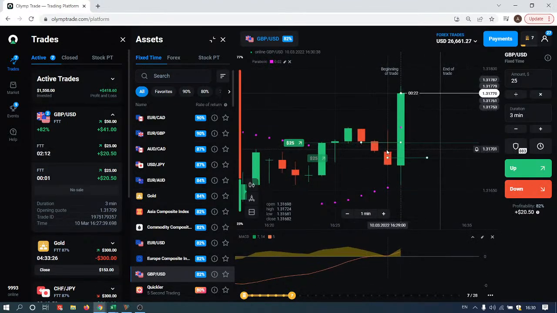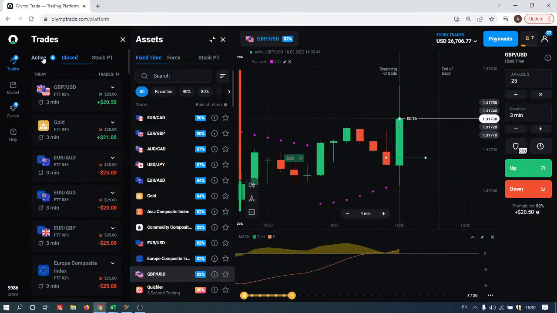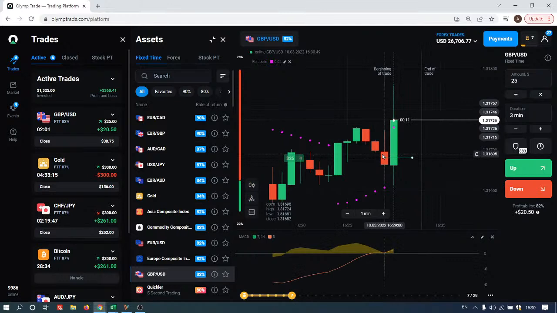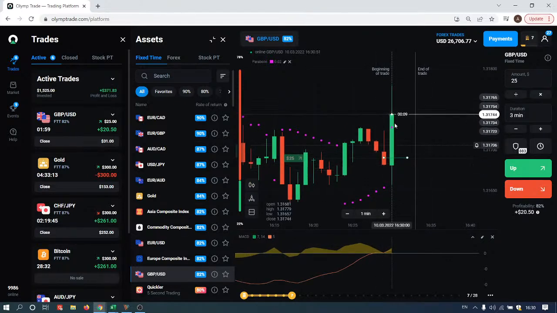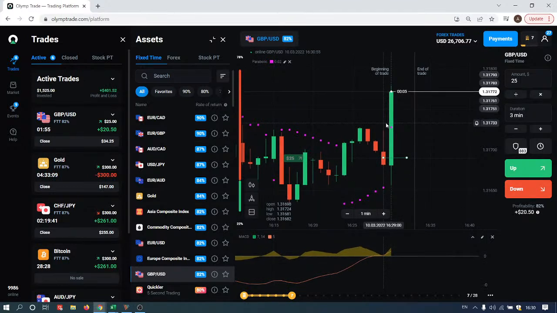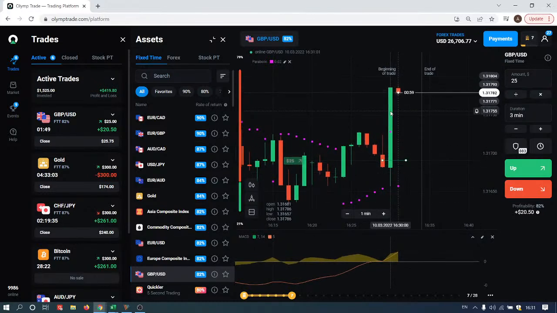Of course, I opened these trades according to the trading strategy, according to Kind Martin's strategy. But this huge candlestick appears on the chart because of the mid-hour trading.